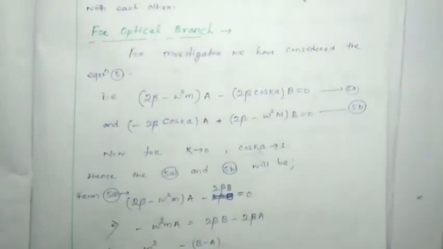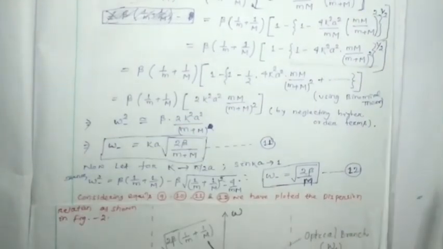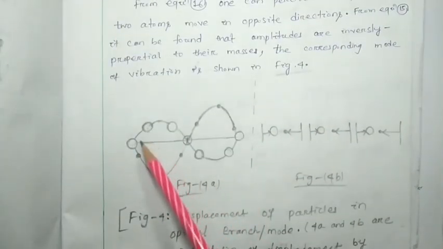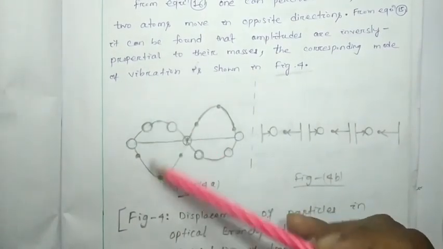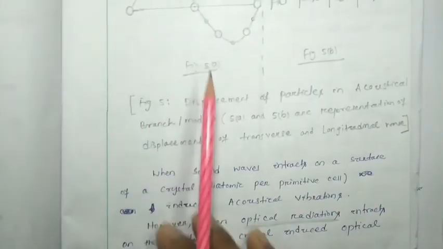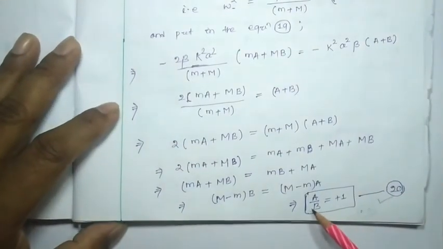So this is all about the discussion of the one dimensional diatomic vibration having different masses, and we also discussed what happens if they have the same mass. We found that in case of the optical branch, if both the masses are the same, then they also move opposite to each other. And in case of the acoustical branch, we also found that if they have the same mass, then they move along the same direction.